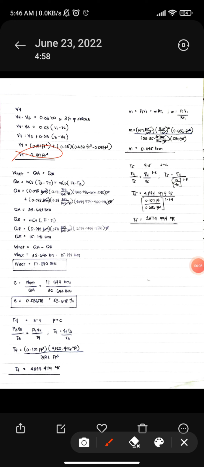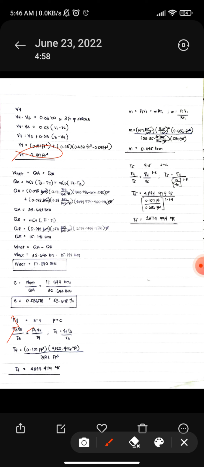So for the T4 naman, T3 to T4, V equals C. So P3 over T3 equals P4 over T4. So cancel na yung P3 and P4 natin. So T4 equals V4 T3 over V3.